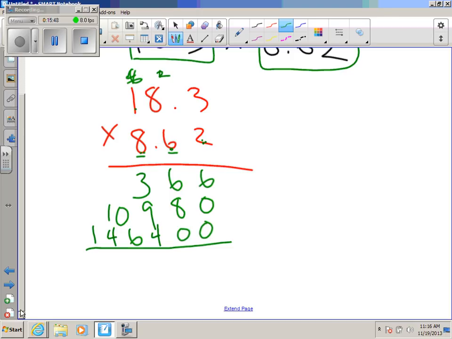All right. Now, I've got to add this all up. 6, 14, 13, 17, 7, 5, and 1 with 1, 2, 3 decimal places. So 1, 2, 3 puts it right about there.